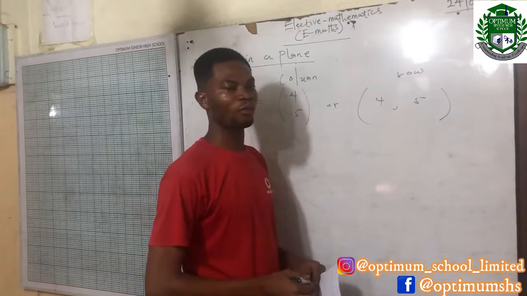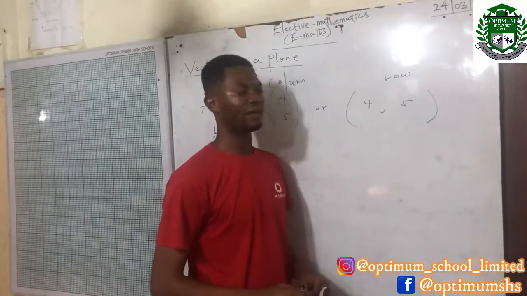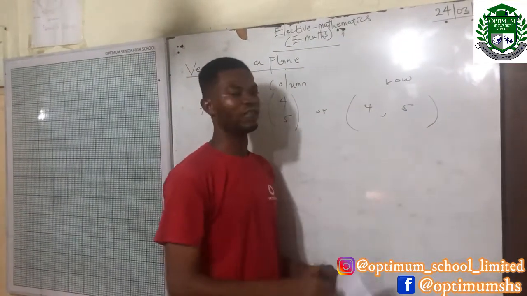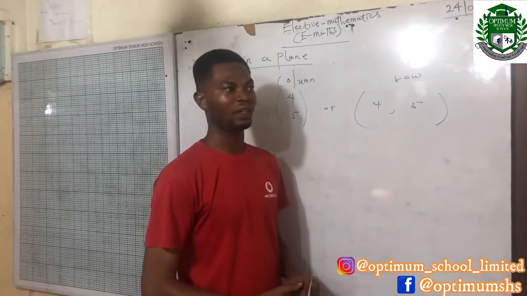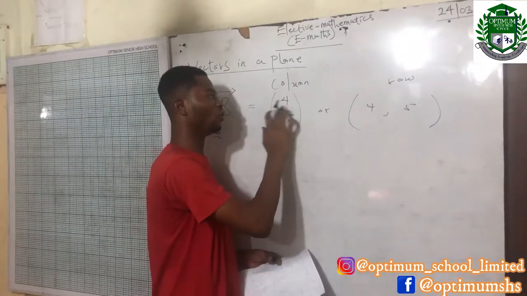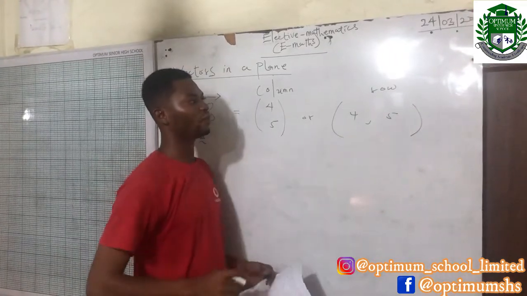And then in row form, I have the first one to be my x, and the second one to be my y. You can see in row form, those two figures have been separated with a comma. But in the column form, we don't use a comma, and don't put anything like an overside. This is not a fraction. It's different from a fraction.